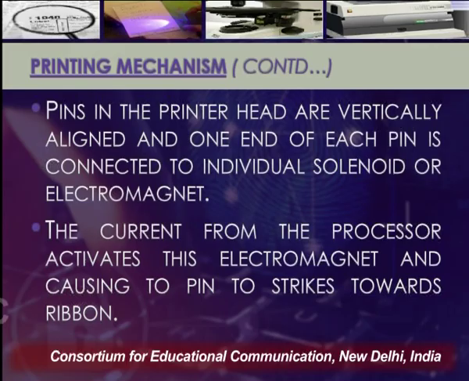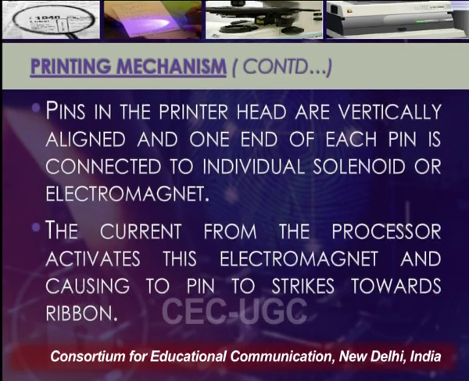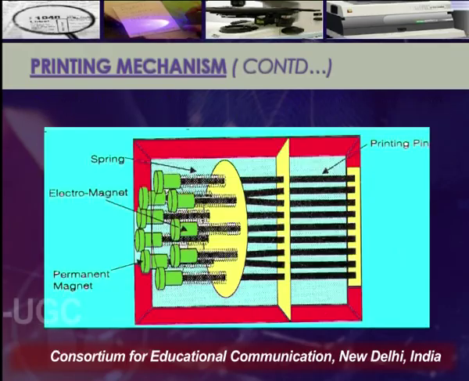The pins in the printer head are vertically aligned, and one end of each pin is connected to an individual solenoid or electromagnet. As we can see, each pin is connected to an electromagnet. The current from the processor activates this electromagnet and it causes the pin to strike towards the ribbon.